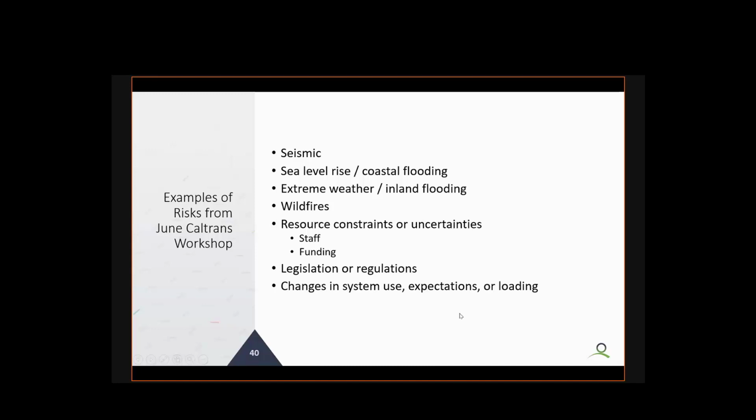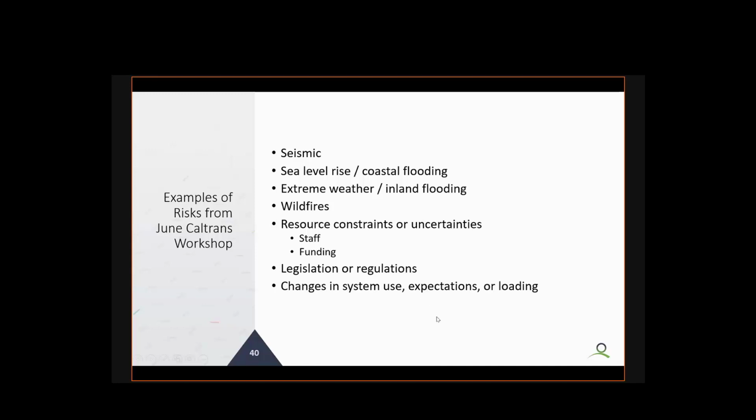Are there resource constraints or uncertainties related to staff, funding? Are there changes in regulations? Or we're hoping that there's a new highway bill, right? But until then there's certainly uncertainty about funding that's linked to legislation. And then any changes in system use, and certainly we've seen that over the last year, and folks are really struggling to know how to move forward.